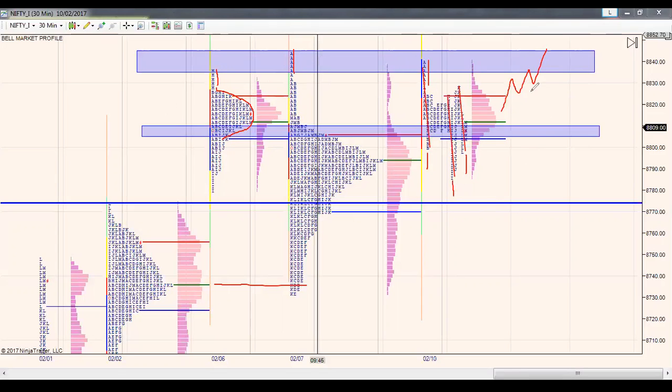So if we look at this picture, this is the 8835 and 45 level. So in the 10-point range, we had rejection thrice. This rejection resulted in lower price, this rejection resulted in lower price, but the price immediately retraced back up and closed in this 0510 range.